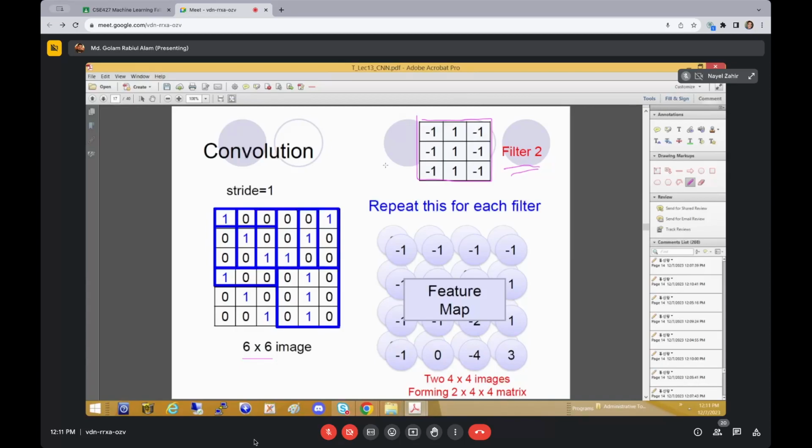So we apply filter number 2, and for that we will get another feature map. You can see here, one is in the foreground and one is in the background. The background one is from filter 1, and the front one is from filter 2.